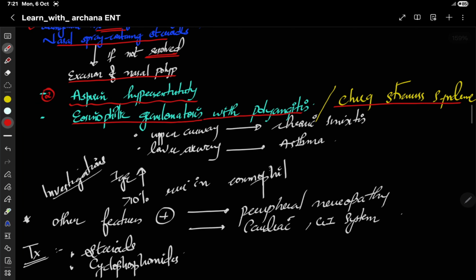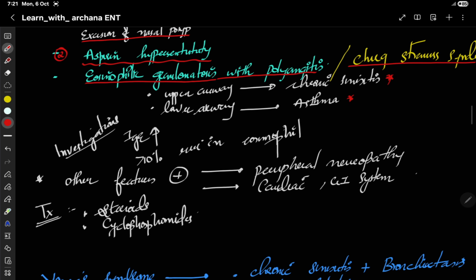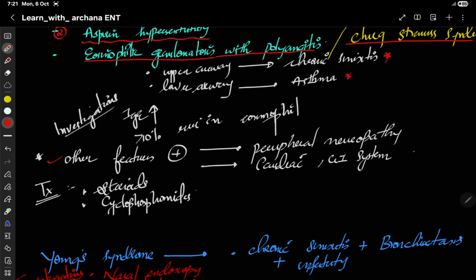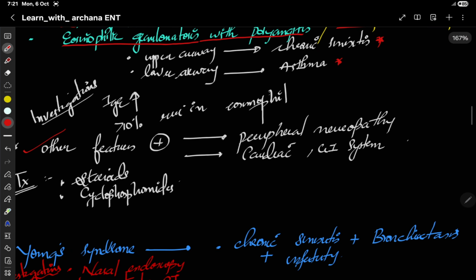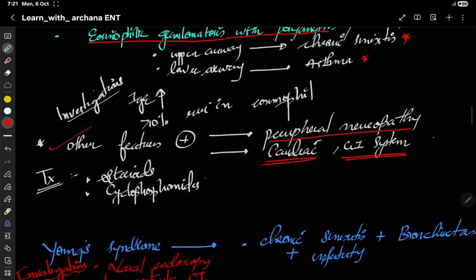Okay, there are mainly different presentations here. Maybe the patient has chronic sinusitis or he may present with asthma. For that, what are the other features present here? Patient may have systemic involvement like peripheral neuropathy, cardiac involvement, GI involvement, etc.